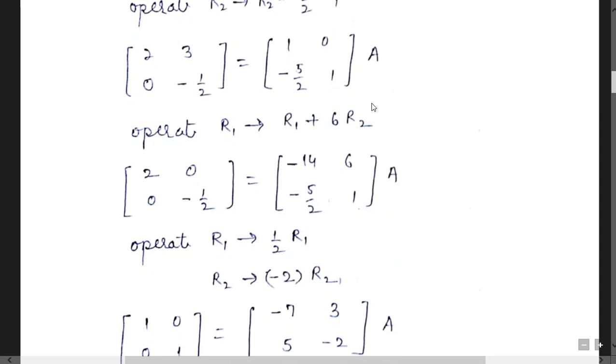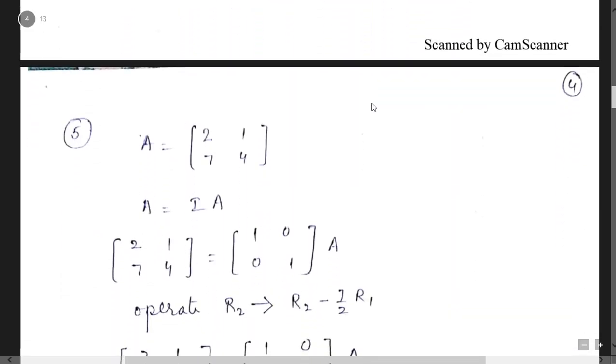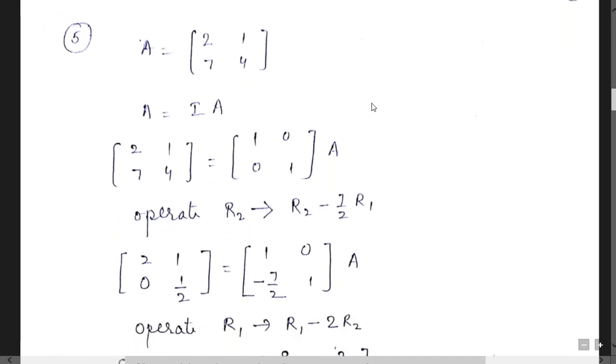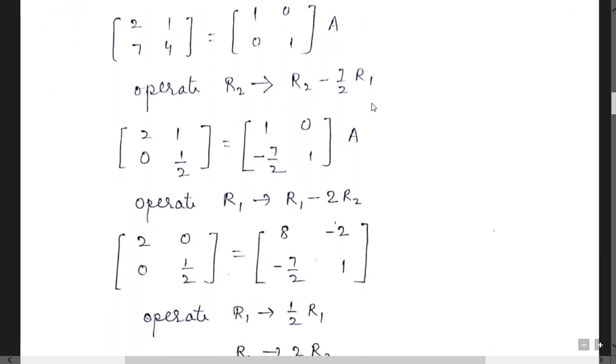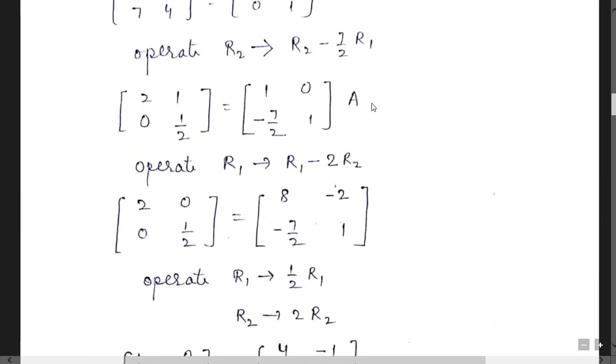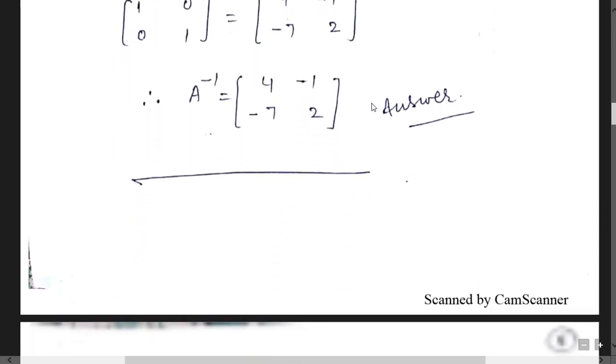These are almost similar questions. We can skip these slides. Question number 5 is also similar. Please try these questions. If you find any problem, then you can comment, because all the questions are similar.